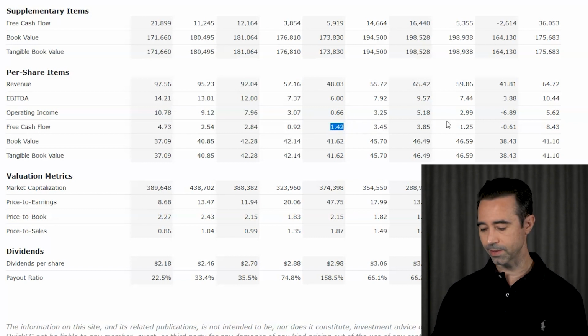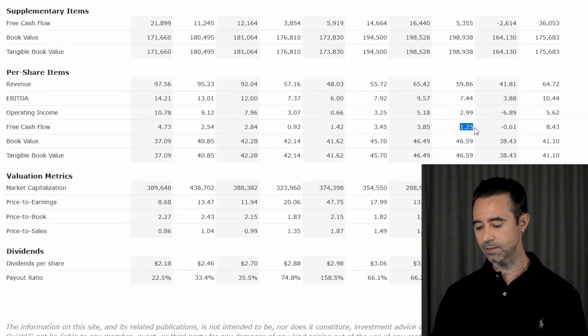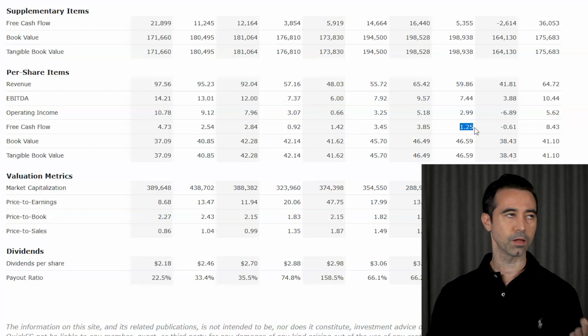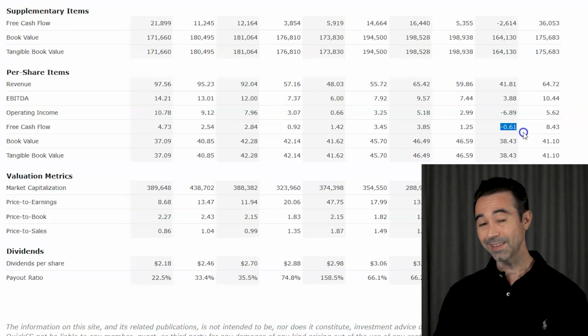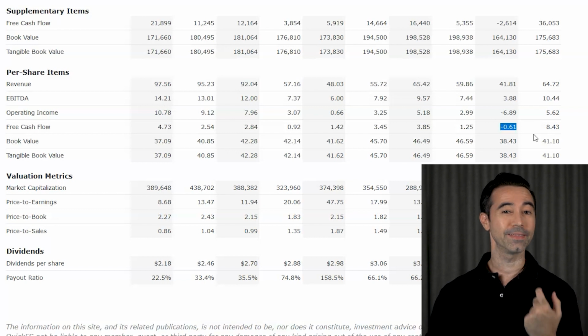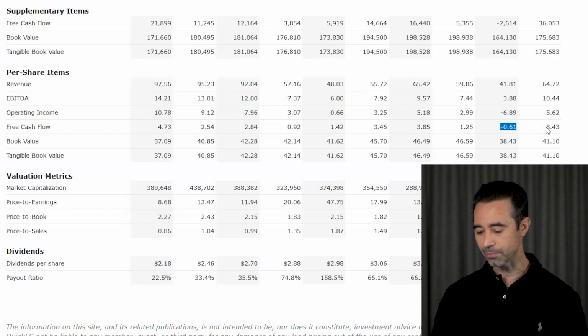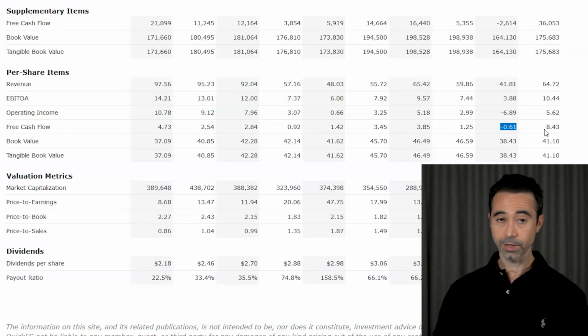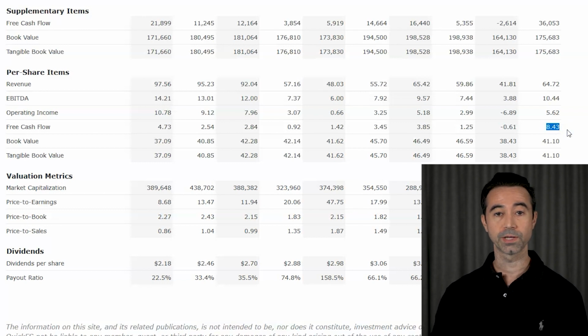You think it's a bottom, but then a couple years later, it's back to $1.25 per share. Then COVID hits in 2020. We're talking about negative 61 cents per share. So obviously a very bad time. Actually, that's when oil prices went negative, which we never knew that could happen, right? So now we're sitting pretty at $8.43 for 2021's free cash flow per share.